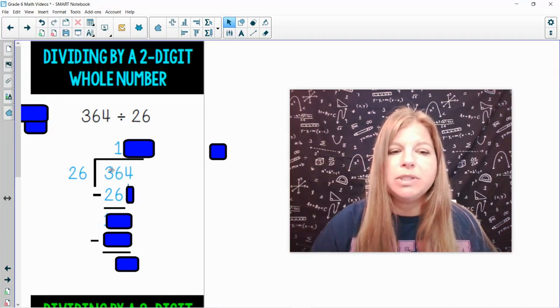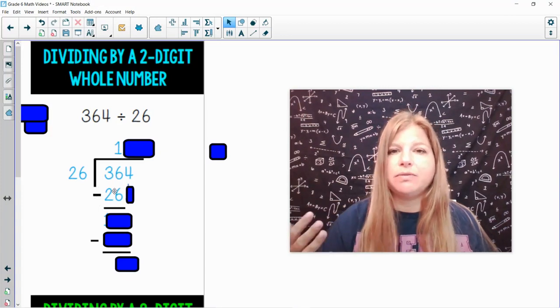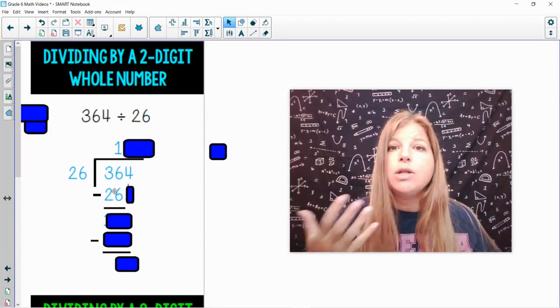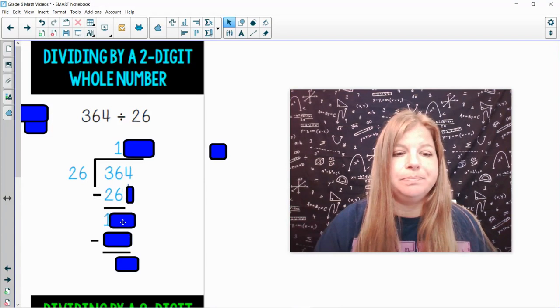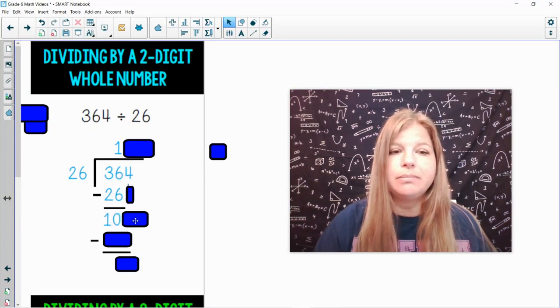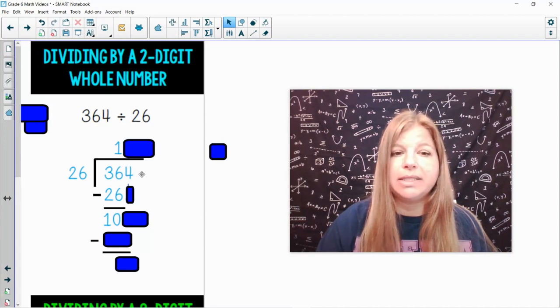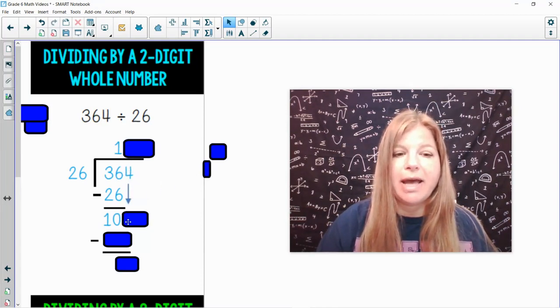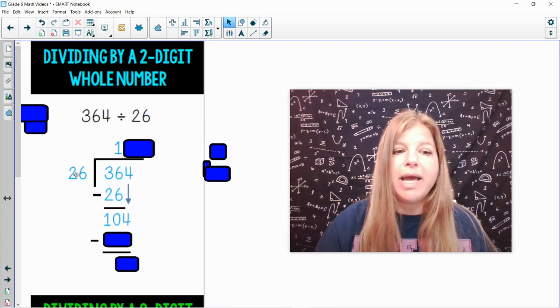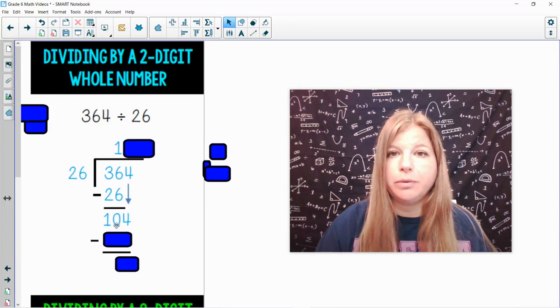And then what we do is we subtract. We figure out the difference between 36 minus the 26 I was able to fit in. It's 10. Now, we go to the next value in our number, 4, and we draw an arrow and bring that down. So now I ask myself, how many times does 26 go into 104?